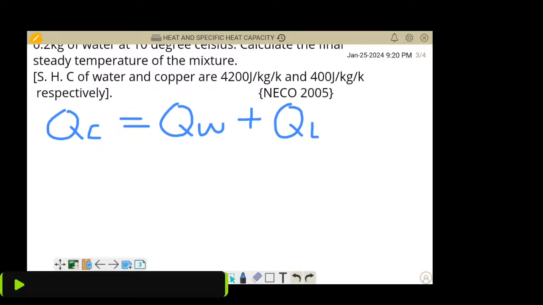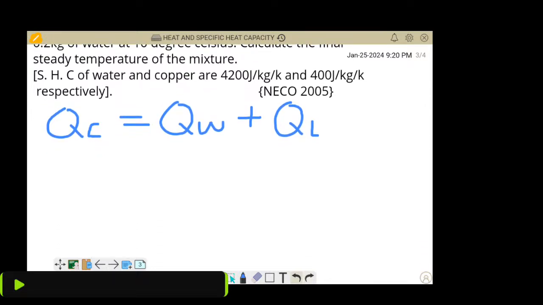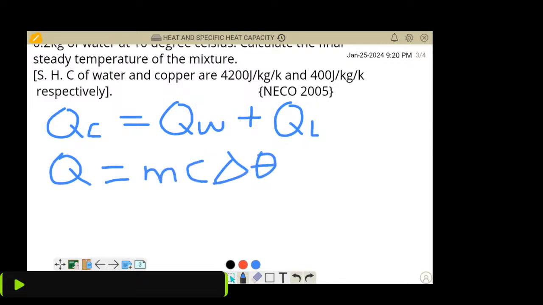Remember, heat content of an object, which is Q, is equal to MC delta theta. Pardon me for this. MC delta theta. And for copper, the heat content of the copper will now be equal to, what's the mass of the copper? According to the question, the mass of copper is 0.1, and the specific heat capacity of copper is given here in the brackets.